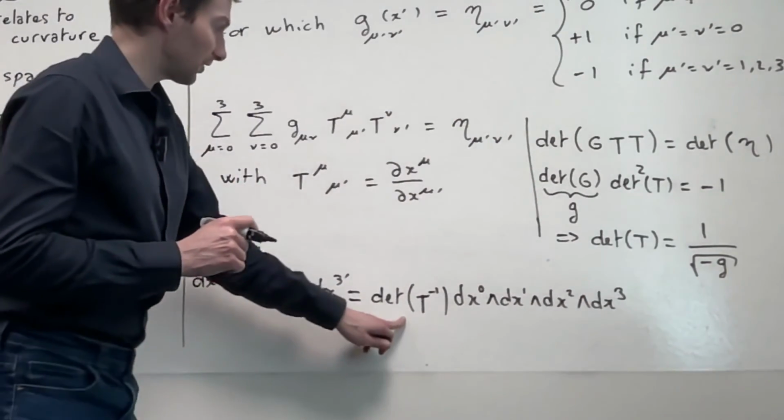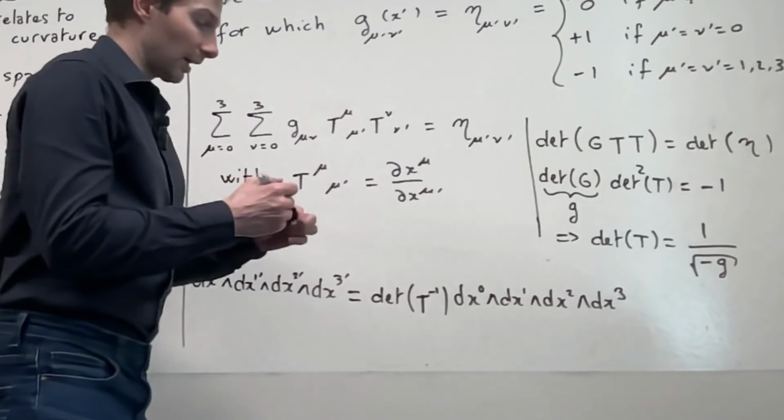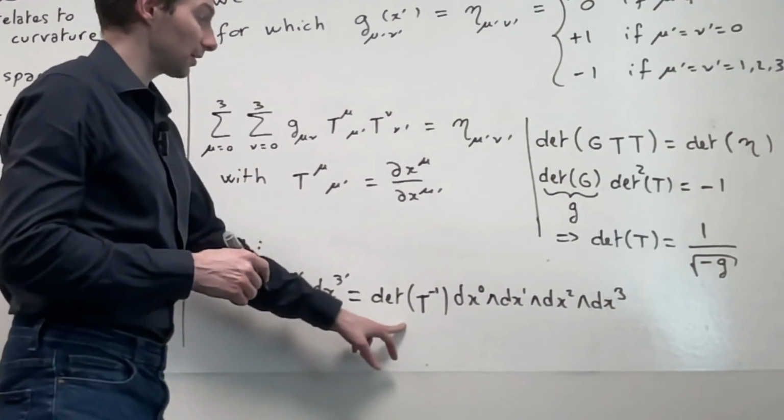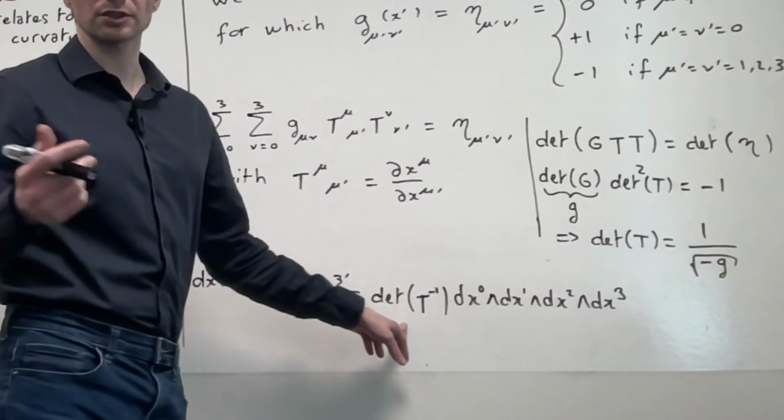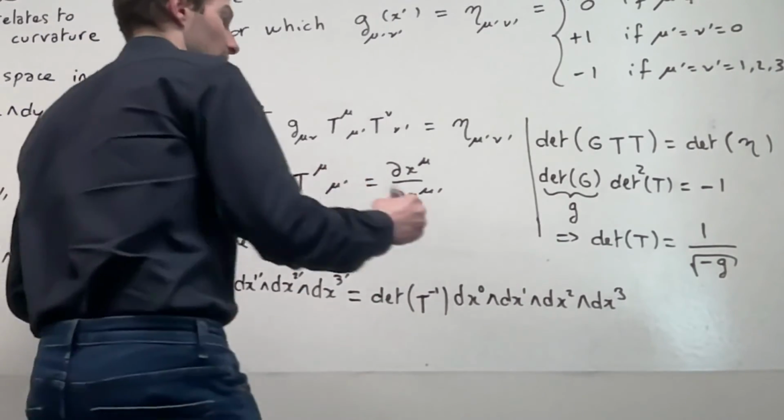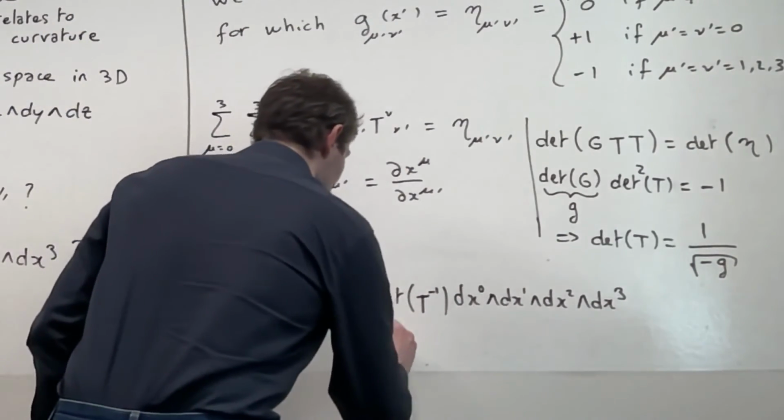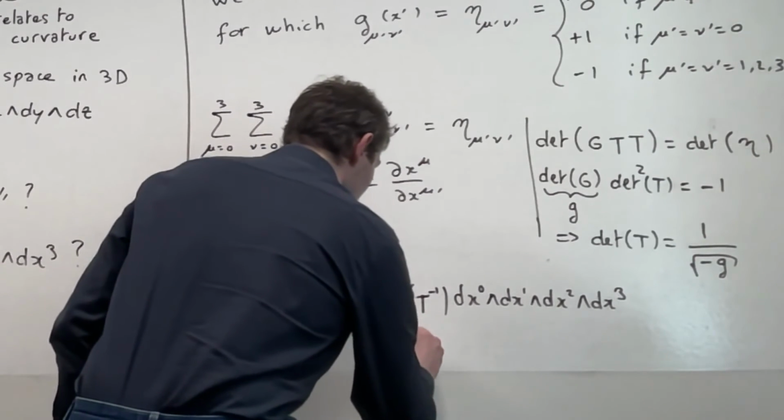And as it turns out, the determinant of t minus 1 can be looked at as being essentially 1 over the determinant of t. And so what we are going to get in the end is actually the square root of minus g.